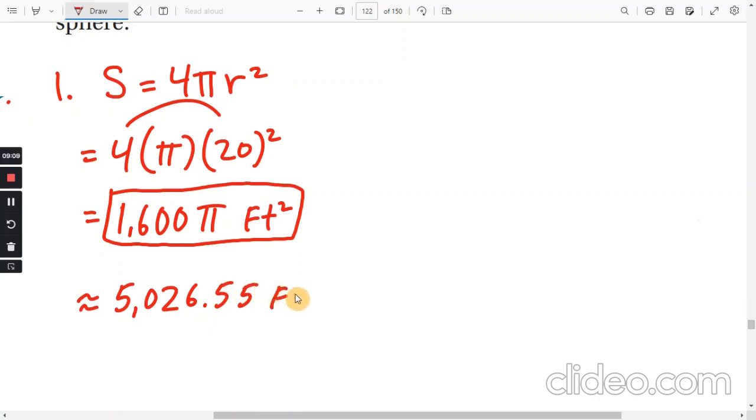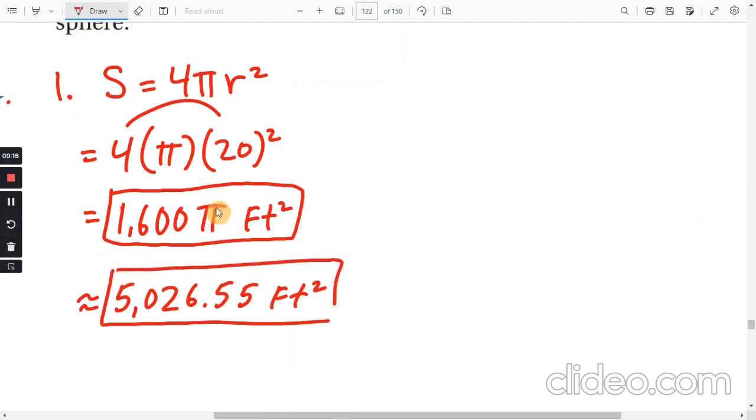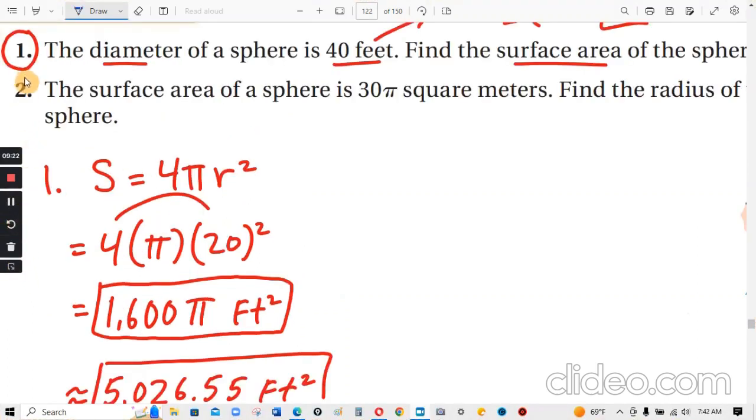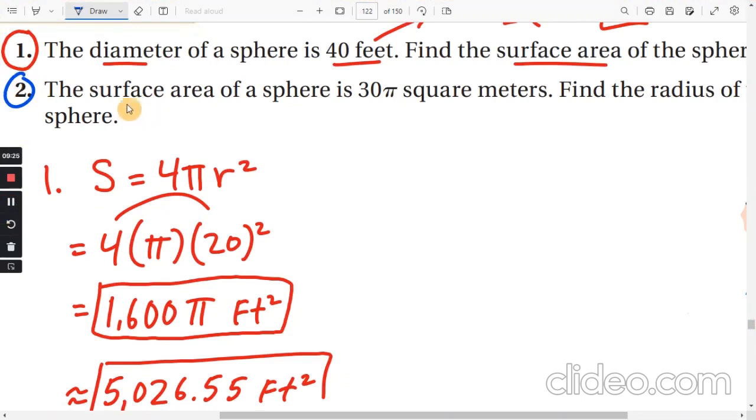So again, the units are just feet squared. So this is exact, and this is rounded off. Okay, please pause and try number 2. In this case, they give you the surface area is 30 pi in square meters, and they want you to find the radius. Please try it.